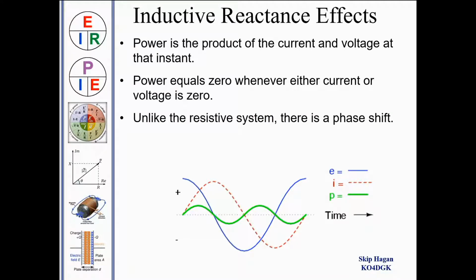Unlike a purely resistive system, we see here that there is a phase shift. In this case, we have current leading voltage. So this graph is of capacitive reactance, not inductive reactance.